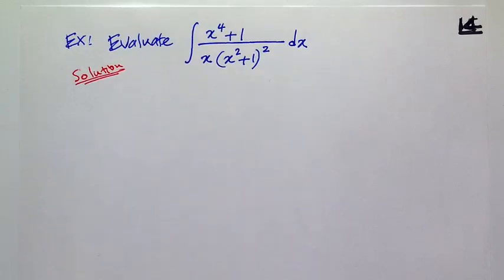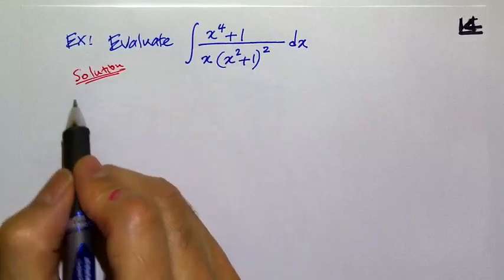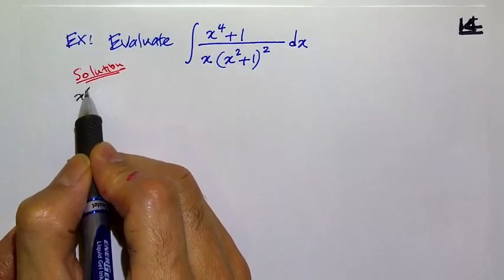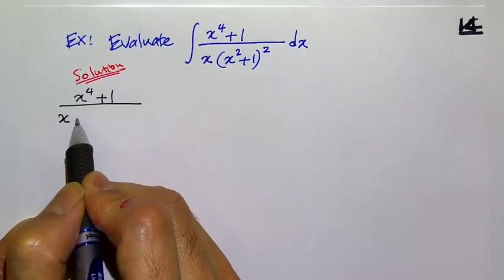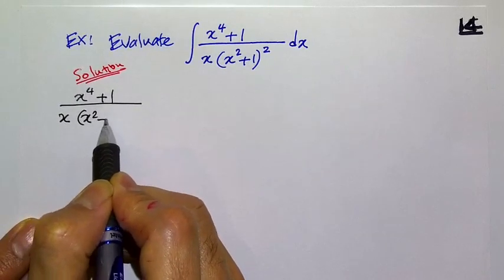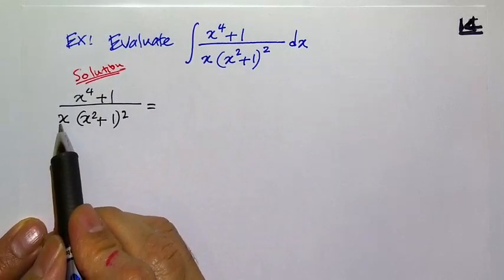So we need to break this up into its factors. I will start with x to the 4th plus 1 divided by x times x squared plus 1 squared equals, x is linear, right?